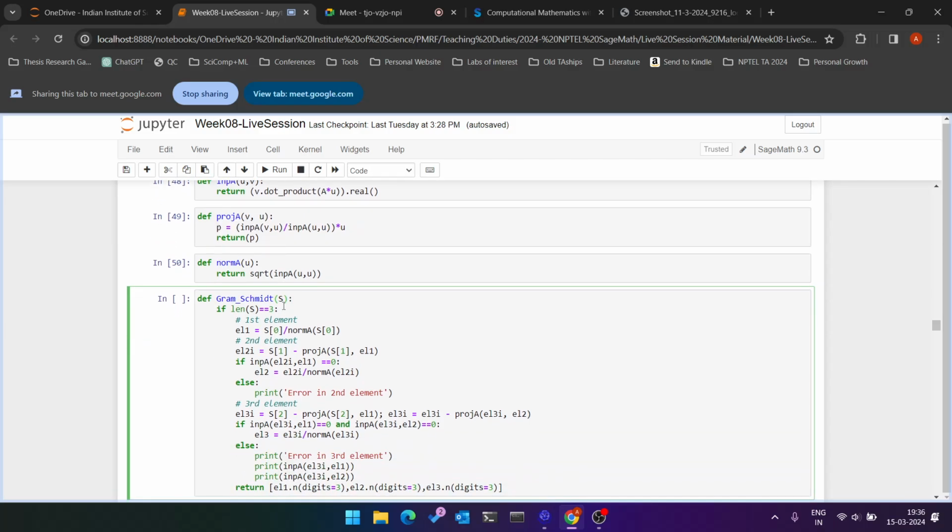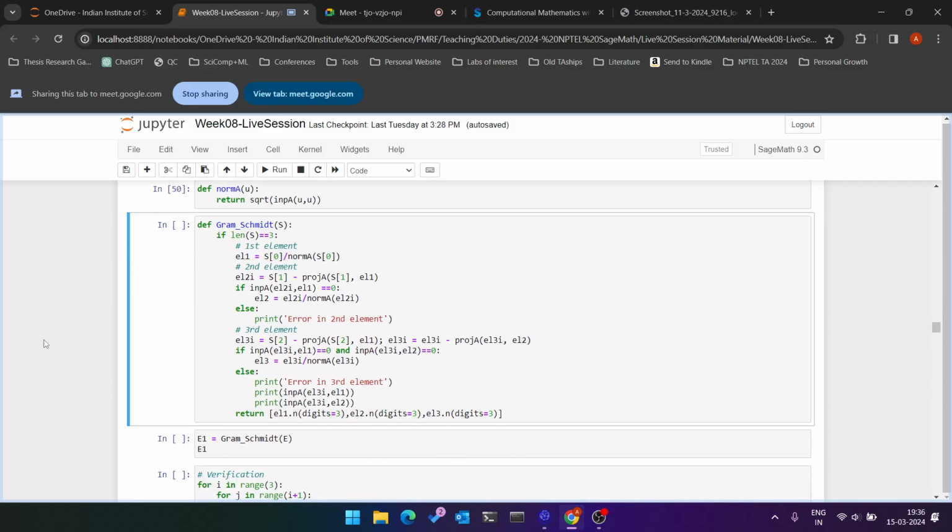Here we are inputting the standard basis, so the norm is actually 1 by default, but in case it was not 1, we divide it by the norm of the vector itself to create the first element, which has norm 1.